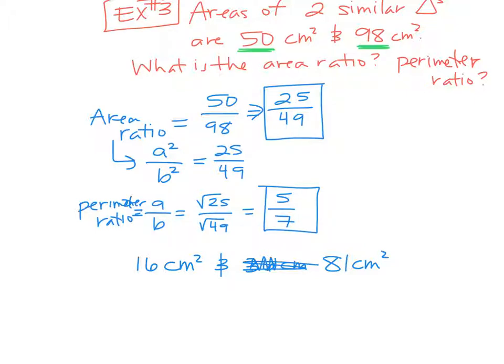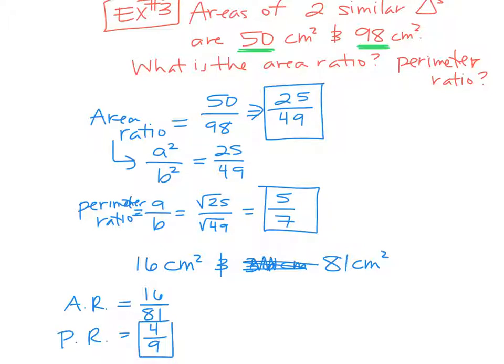What's your area ratio right now? 16 over 81 would be your area ratio. And you can't reduce 16 over 81, so you would just leave it as that. So what is your perimeter ratio? 4 over something. What's square root of 81? Oh, 9. 9, right.